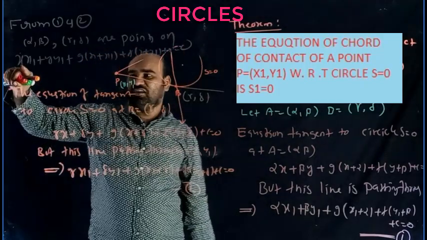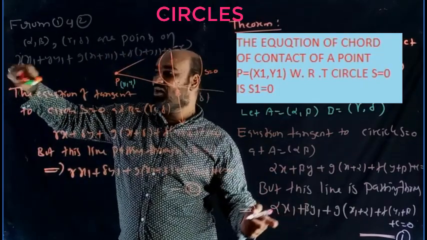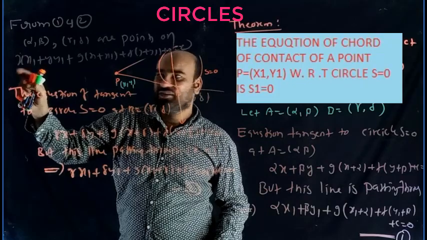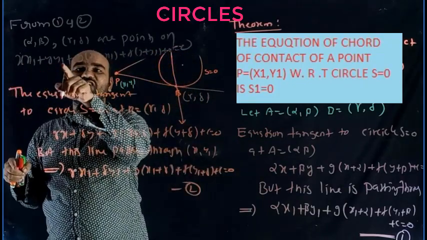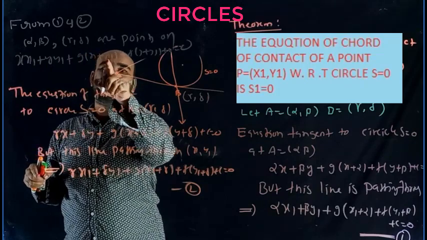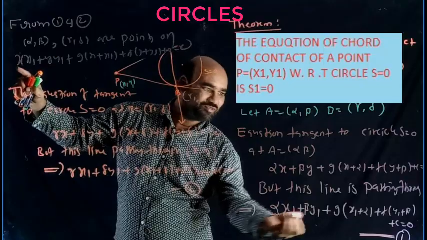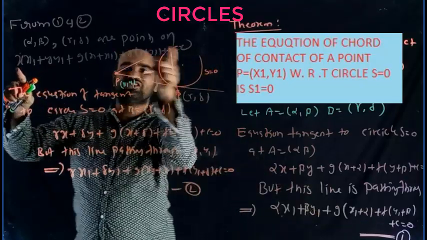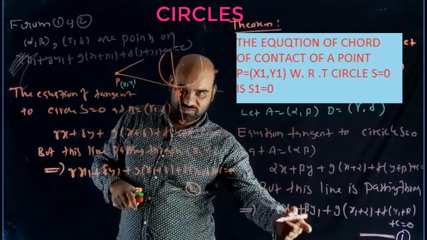Observe here. From equation 1 you can say that alpha comma beta is a point on this line. This is a straight line. Put alpha comma beta here: alpha x1 plus beta y1 plus g times of alpha plus x1 plus f times of beta plus y1 plus c equal to 0 gives this, which is already equal to 0. So 0 equal to 0 means alpha comma beta is on this line from equation 1.